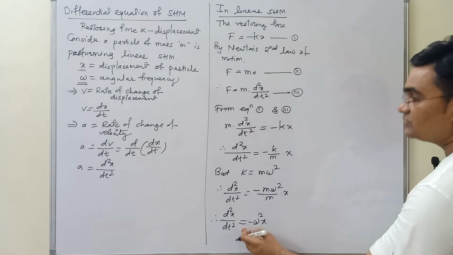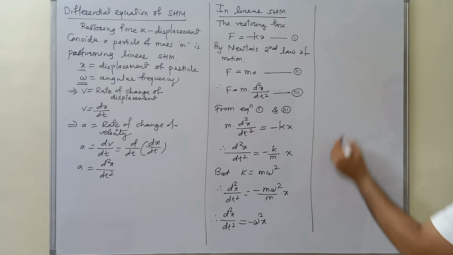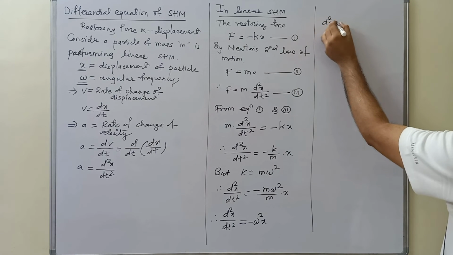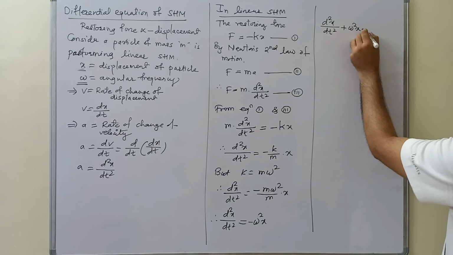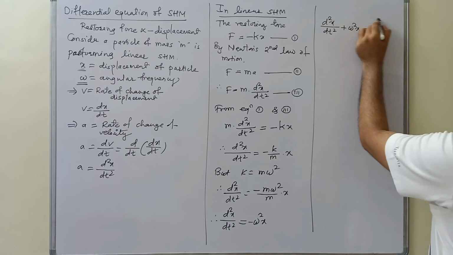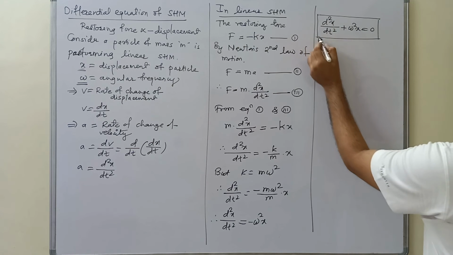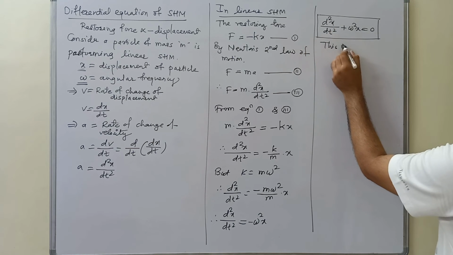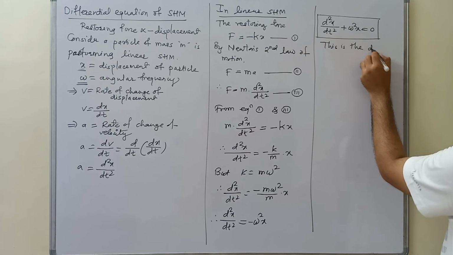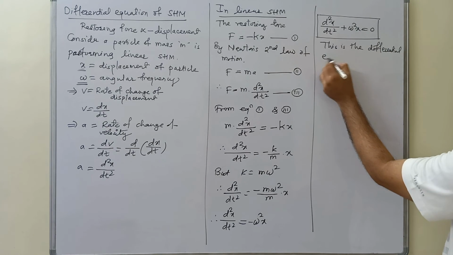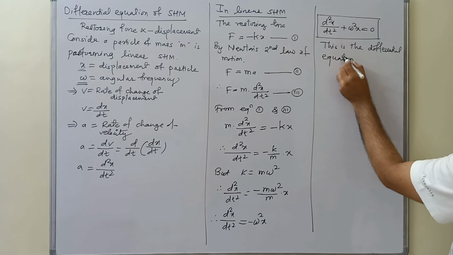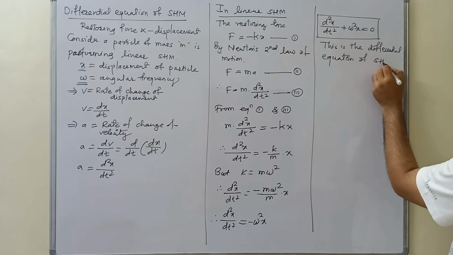Shifting this minus term to the left side, what we'll get? d square x upon dt square plus omega square x equal to 0. This equation is the differential equation of SHM.